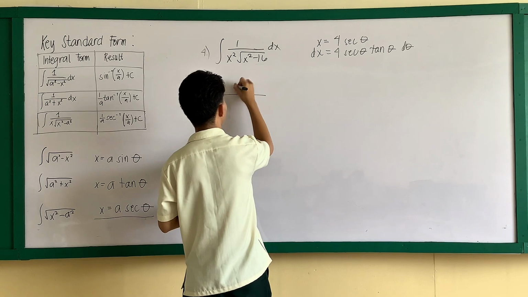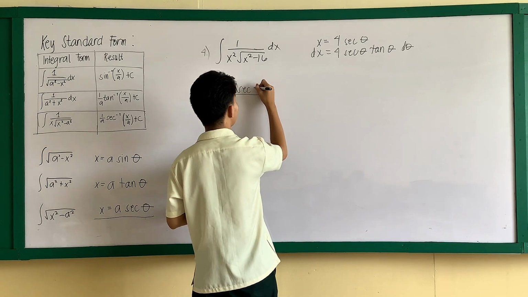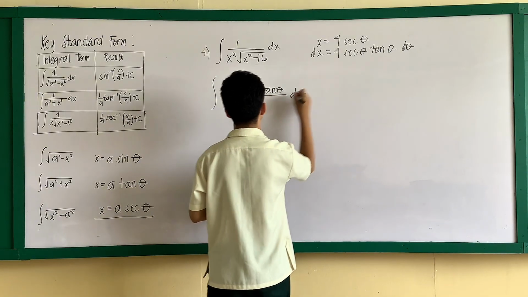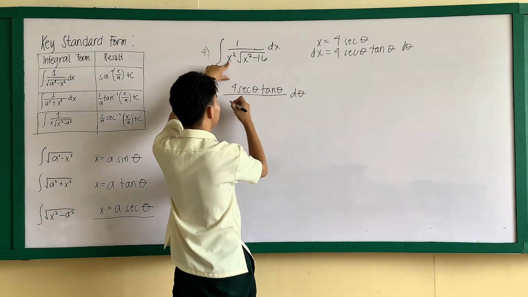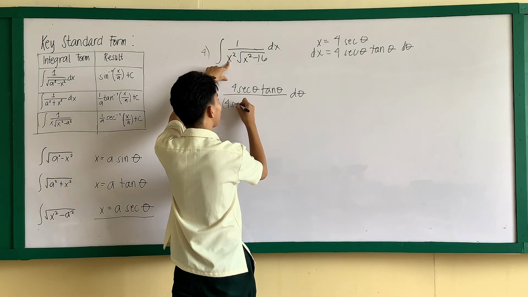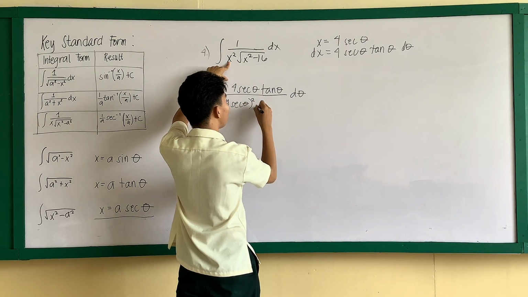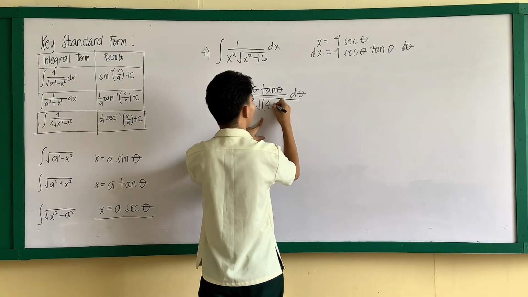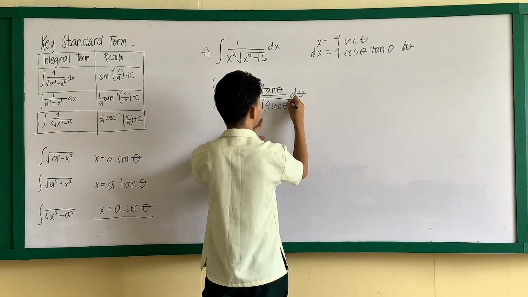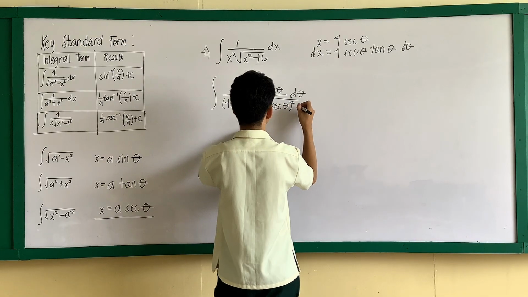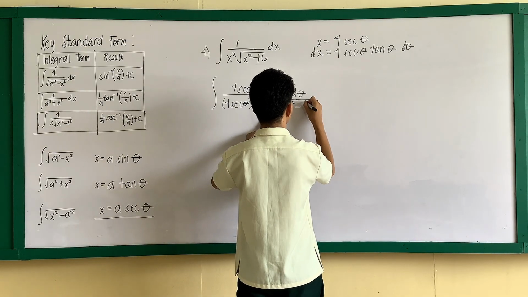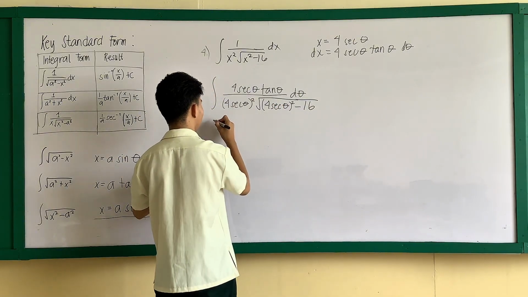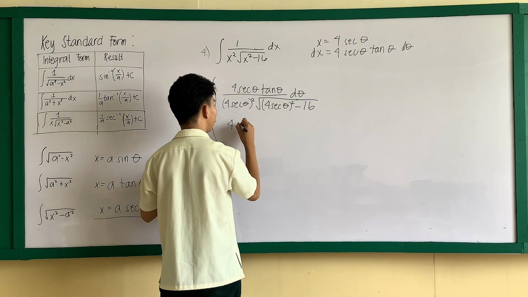So it's going to be 4 secant theta tan theta d theta over the value of x, which is 4 secant theta squared, times the square root of 4 secant theta squared minus 16. So now we need to solve this first and this. Copy the numerator.